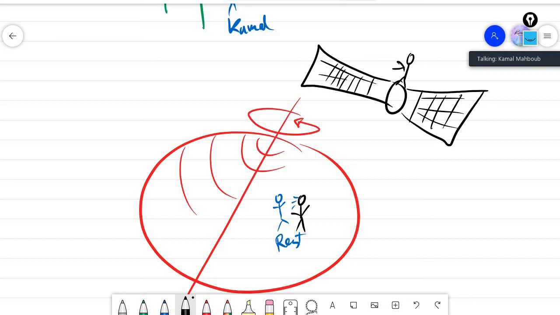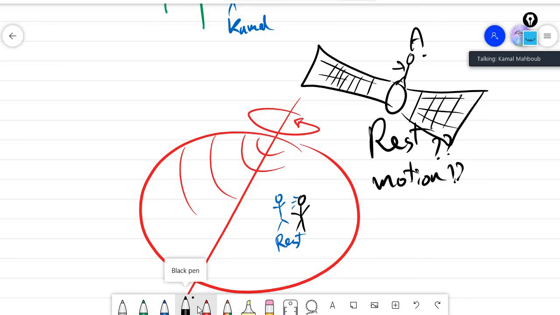The question again: the astronaut looks over at Mr. Kamal and the other guy. What does he say, are they at rest or in motion? What do you think? Open your microphone and answer, please, guys.